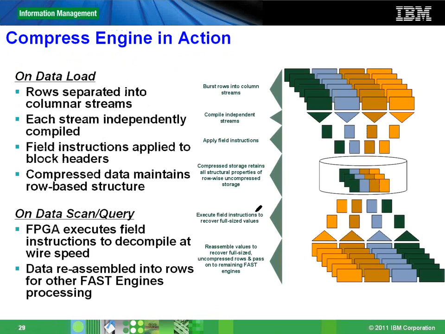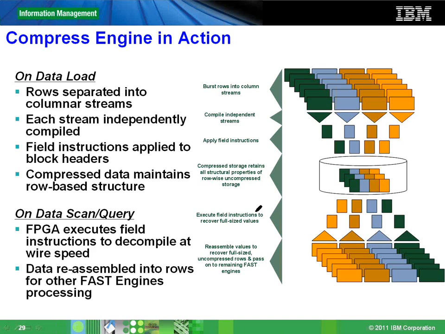So when a data load happens, this is basically how the compression engine functions. Rows are separated into columnar streams, and each stream is independently compiled. Then you apply field instructions and other housekeeping tags to whatever is compiled, and the compressed data is maintained as a row-based structure.